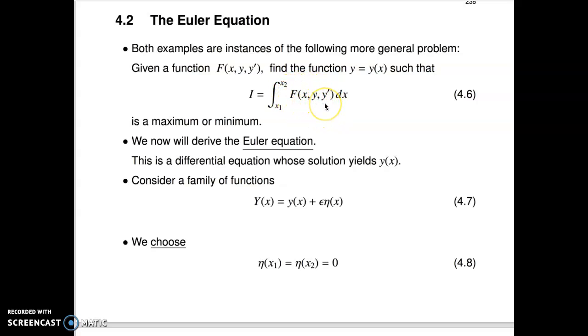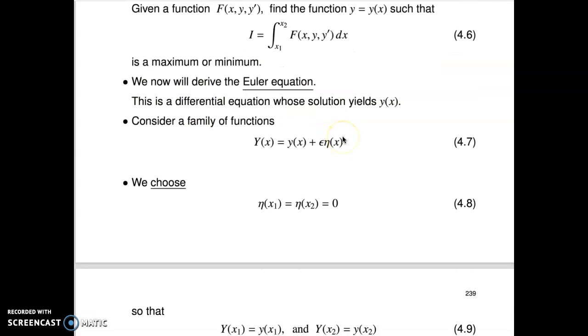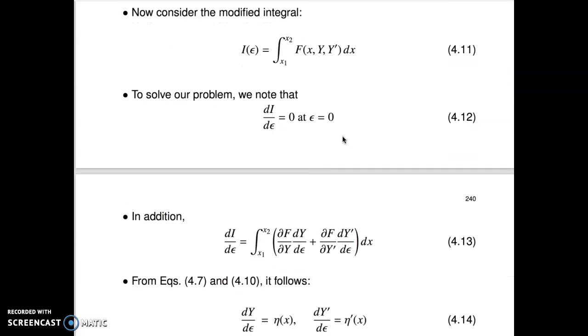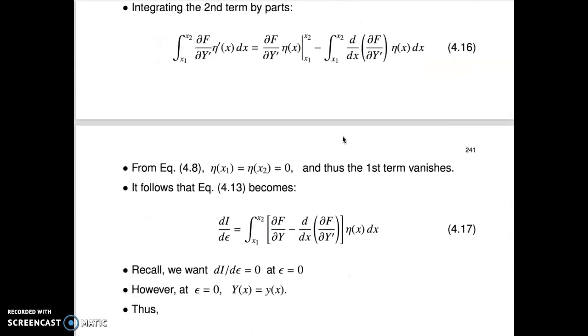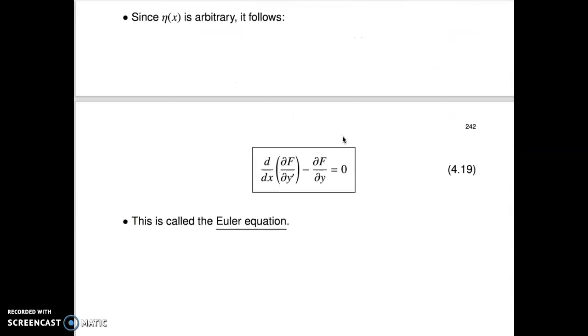You are given it, or you can, with other information, determine what that is. And then you want to find the unknown function y, which minimizes or maximizes this integral between specifically chosen points x1 and x2. Okay, so you know what the two endpoints of the integral over x are.